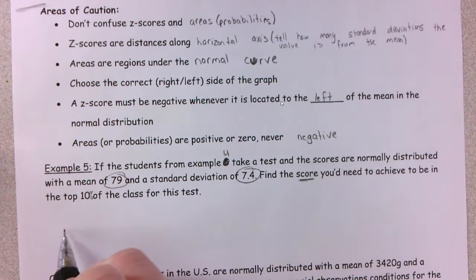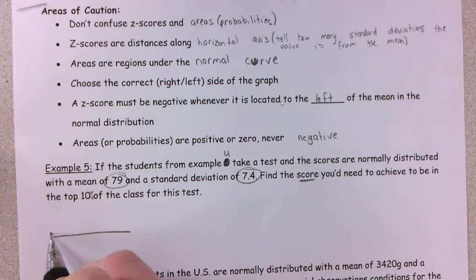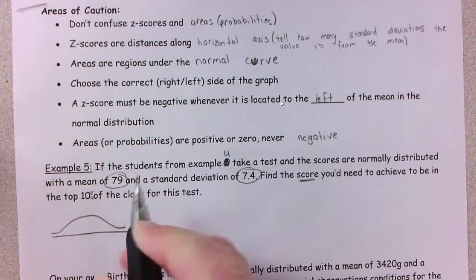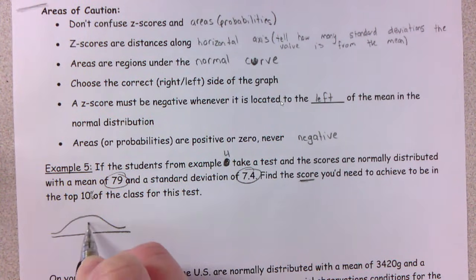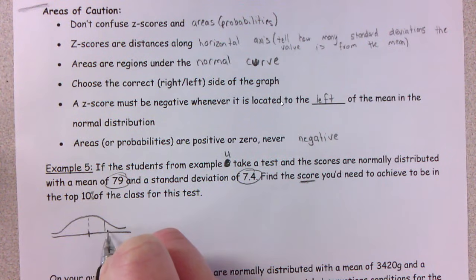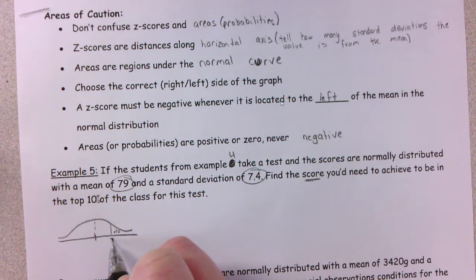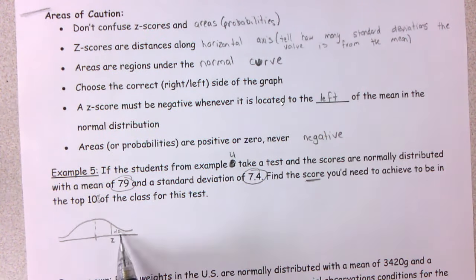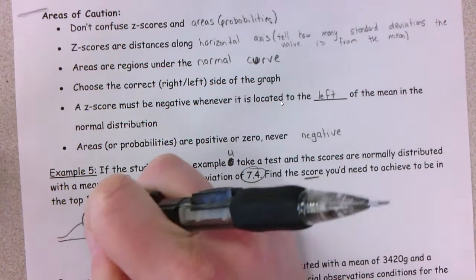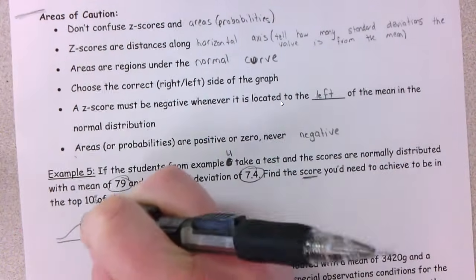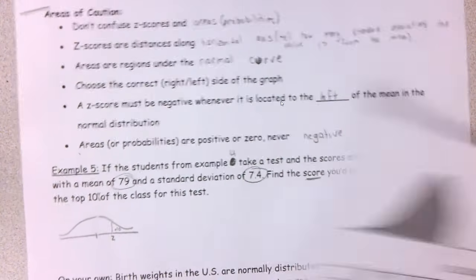So we can draw a picture here. If the mean's in the middle, the top 10% would be up here, right? That's the top 10%. So I'm looking for this z-score that separates the top 10% from the lower rest of the percentage, okay?